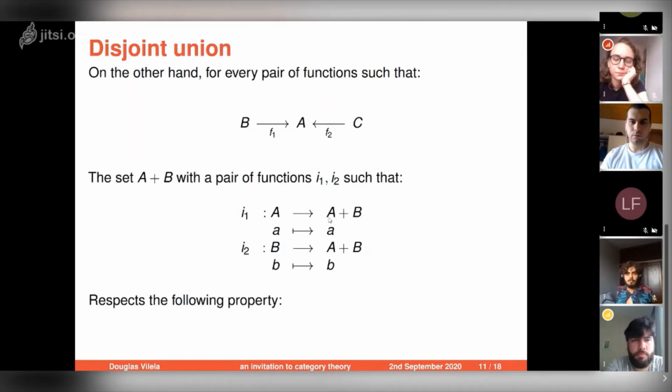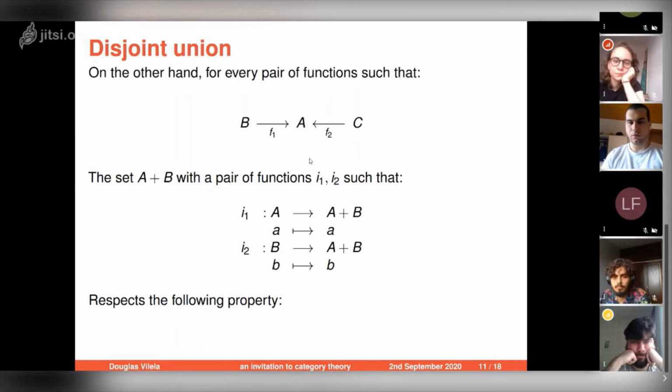This notation is making some confusion because it's not matching.